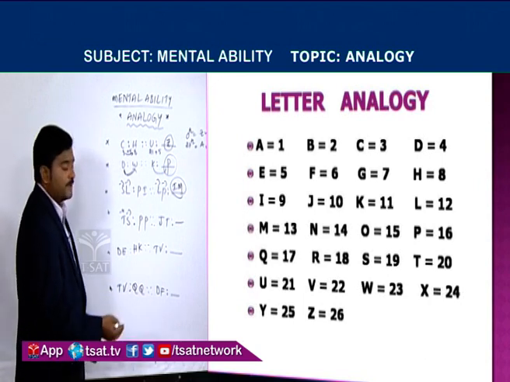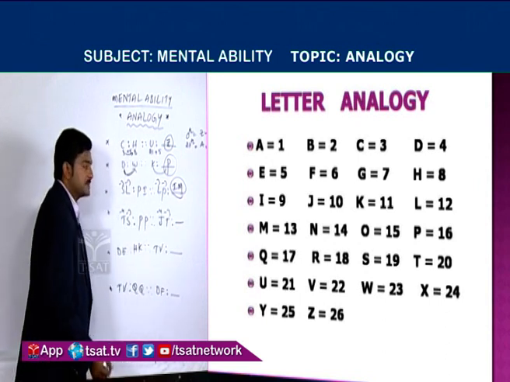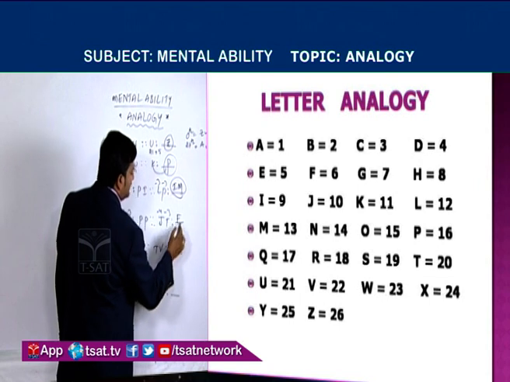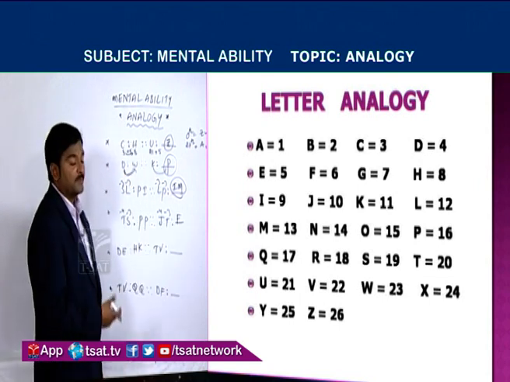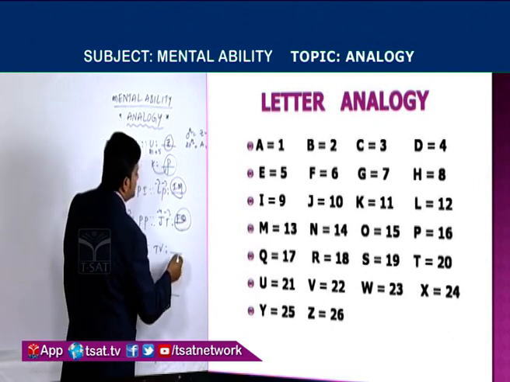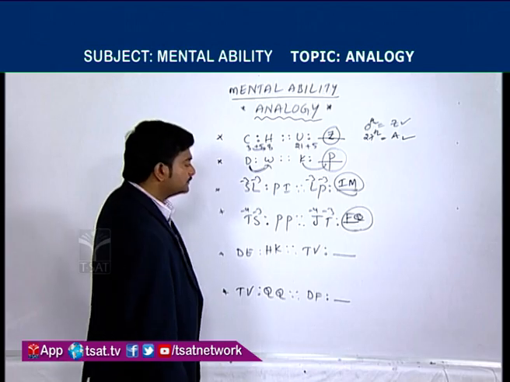Simply apply the same concept here. J means 10, 10 minus 4 means 6, the 6th one is F. Again T means 20, 20 minus 3 means 17, the 17th one is Q. Hence the answer for this question is FQ.